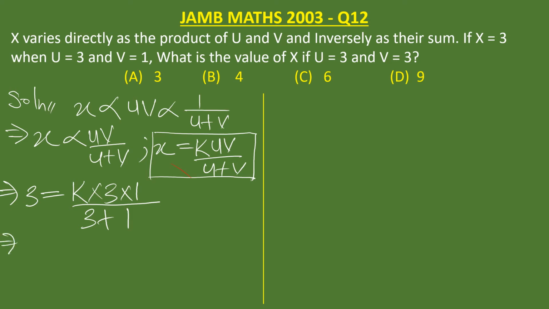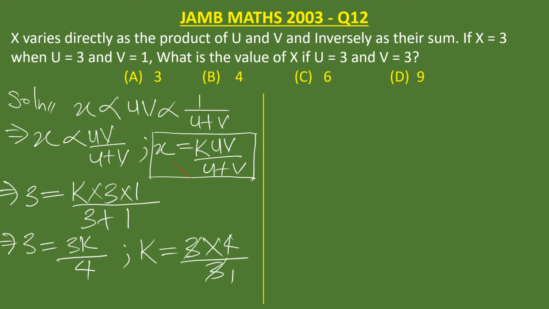Now this simply means that 3 is equal to k times 3 times 1, which is 3k, over 3 plus 1, which is 4. So making k the subject of the formula, k is equal to 3 times 4 divided by 3. The 3 and 3 cancel. Therefore, our k is equal to 4.